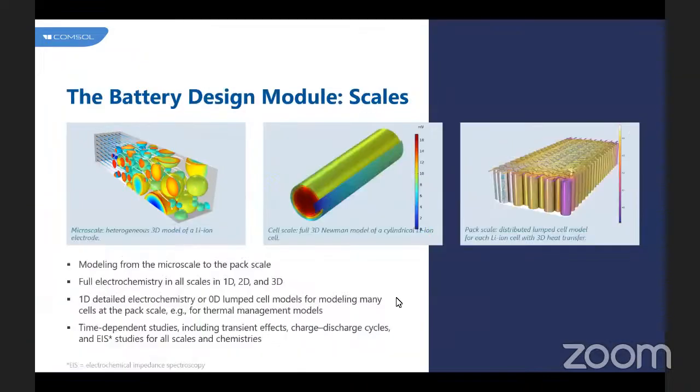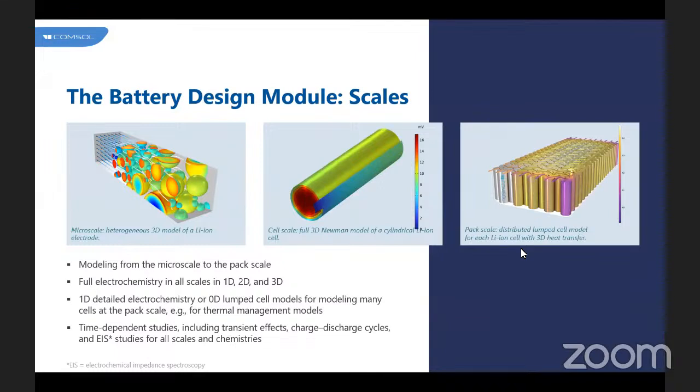Moving forward, if I talk about the scale, there are typically three scales. First is the detailed electrode modeling, where you can see the heterogeneous 3D model of a lithium-ion electrode. Second is the cell scale, where we typically model the Newman model, a 3D model for a lithium-ion cell.